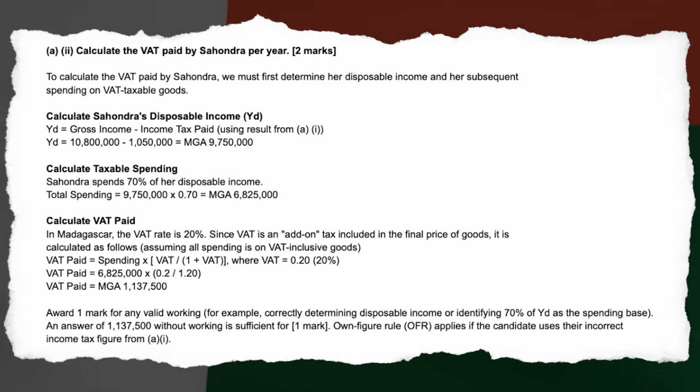Award 1 mark for any valid working, for example, correctly determining disposable income or identifying 70% of YD as the spending base. An answer of 1,137,500 without working is sufficient for 1 mark. Own figure rule, OFR, applies if the candidate uses their incorrect income tax figure from A1.